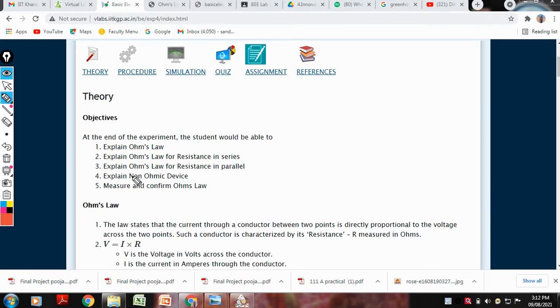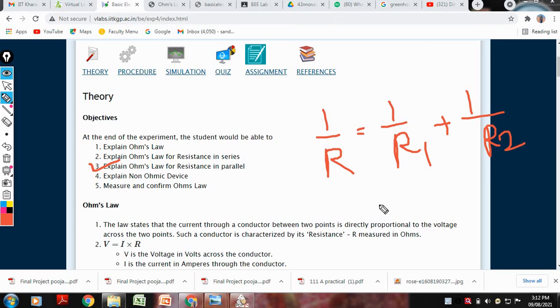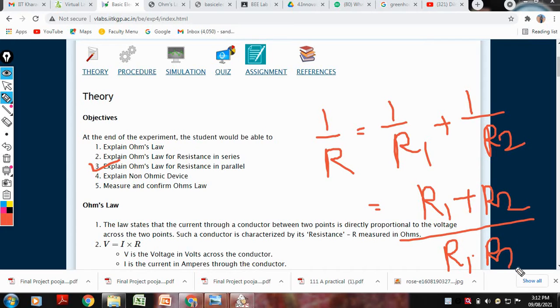The third parameter is resistance connected in parallel, where the equivalent resistance is 1 by R equal to 1 upon R1 plus 1 upon R2, and here we obtain R1 plus R2 divided by R1 into R2. This is the concept of parallel resistance.